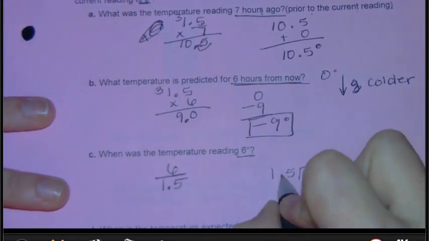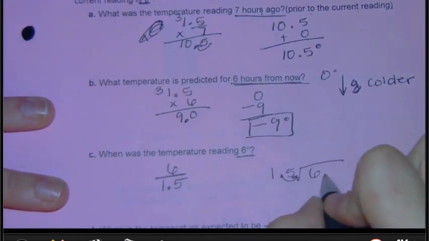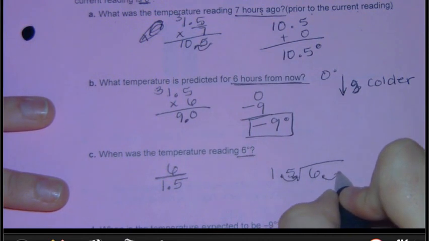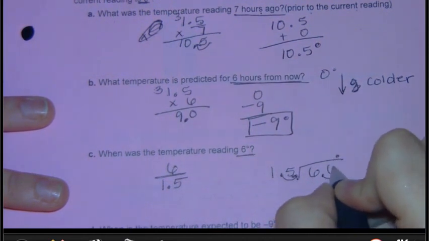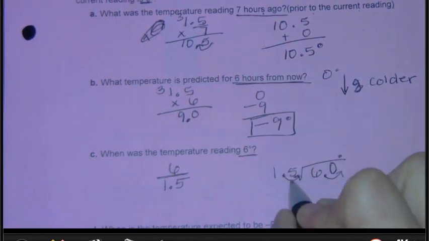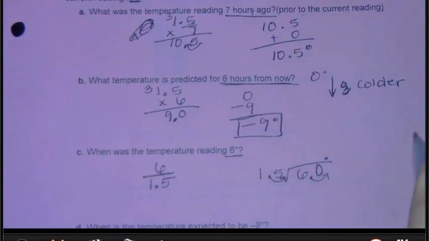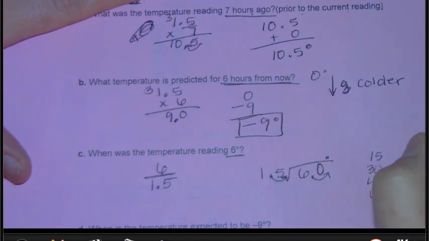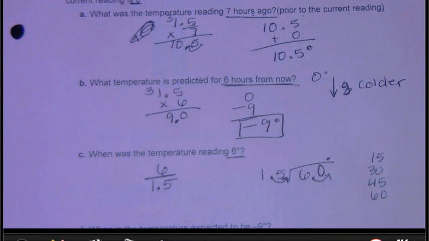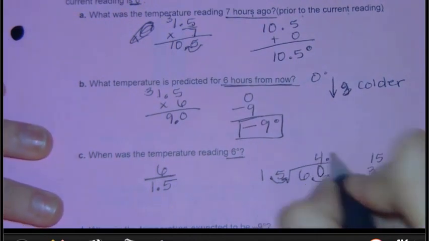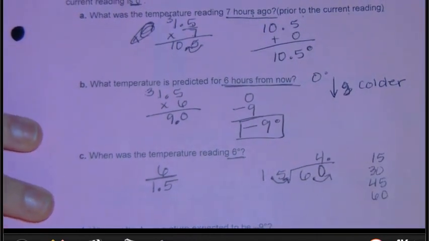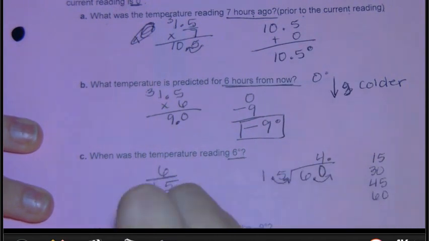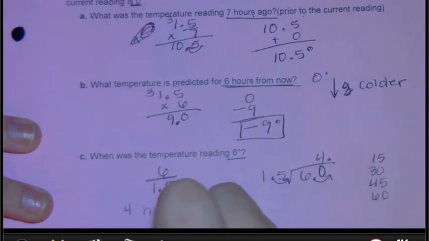I cannot have a decimal on the outside, so I need to move my decimal 1 time. Do the same thing on the inside. Move it up, add a 0. So now I have 15 divided by 60. So if I think about it, I have 15, 30, 45, 60. Well, 15 can go into 60 4 times. That means when was the temperature reading? It was 4 hours prior.